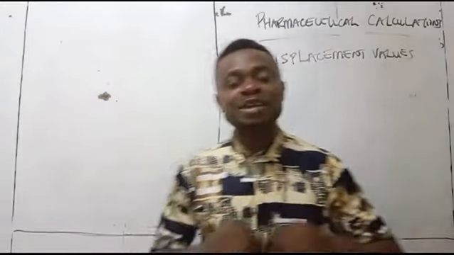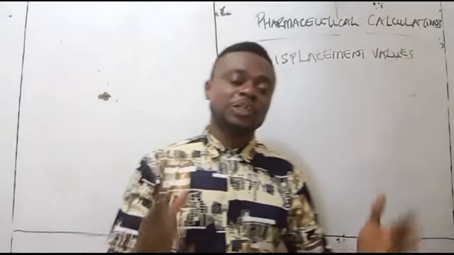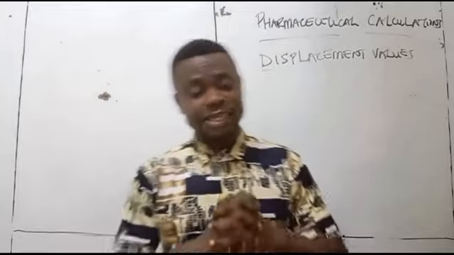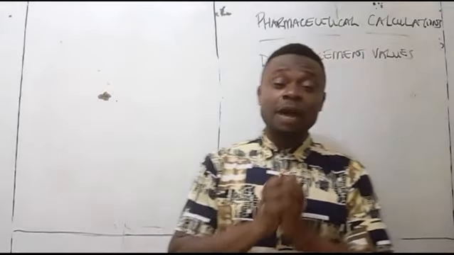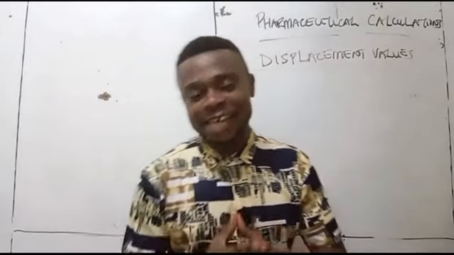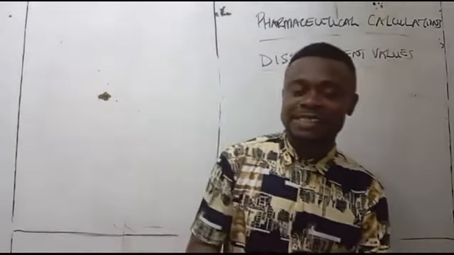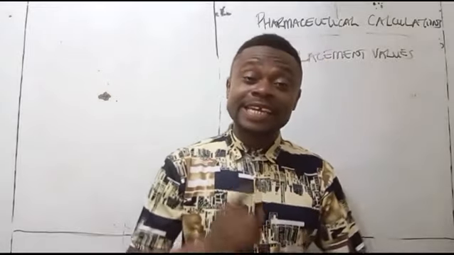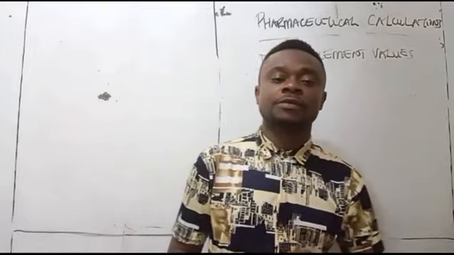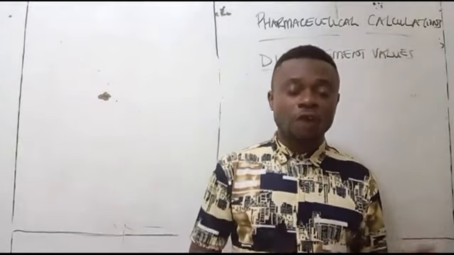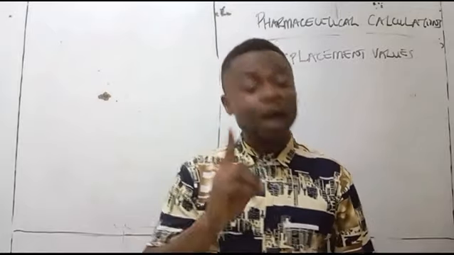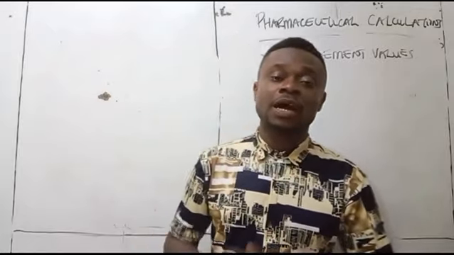But without wasting time, let me define what displacement value is. The displacement value of a substance or an active ingredient is the amount of the substance that will displace 1 gram of theobroma oil.